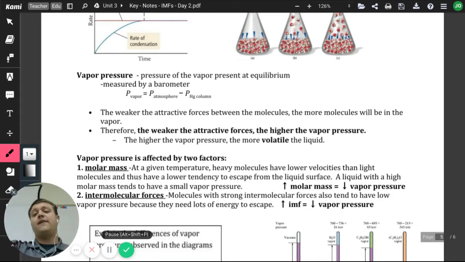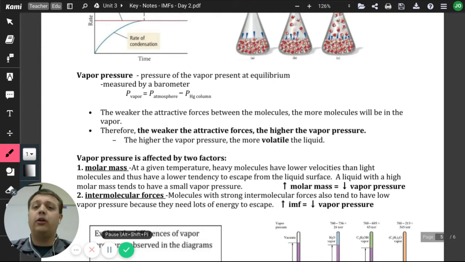Because again, as we're evaporating off that liquid, we're going to see a buildup in pressure. Now that pressure is going to change based off of the container that it's in, right? But eventually we should reach a point where it's consistent no matter what size of container we put it in, okay?